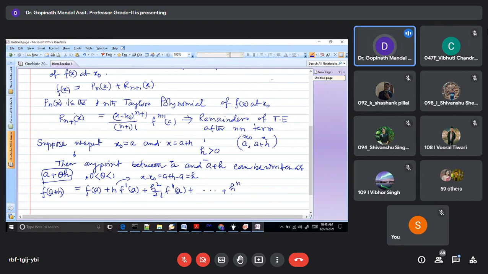This will be h to the power n by factorial n f^n a, and the last term is h^(n plus 1) by factorial n plus 1 f^(n plus 1), the n plus 1th derivative, at any point c, which will be of the form a plus theta h.